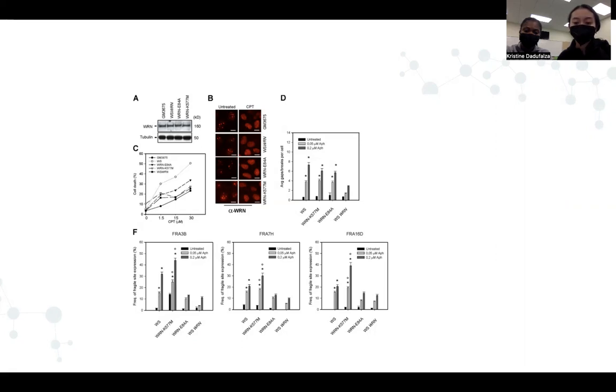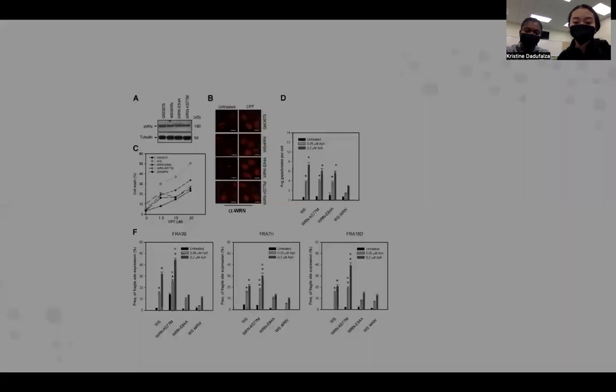In figure F, FISH analyses performed on metaphases after 24 hours of treatment indicated that the induction of FRA3B, FRA7H, and FRA16D was enhanced statistically only in Werner syndrome and WRN K577M cells. From this data, it can be concluded that the maintenance of common fragile site stability requires a WRN protein with intact helicase activity.